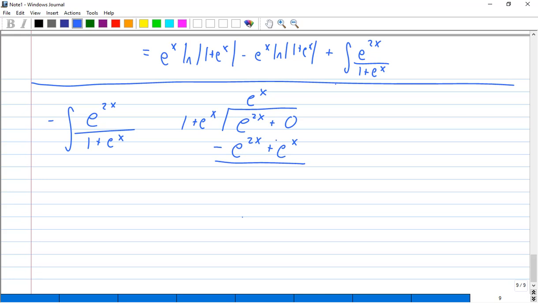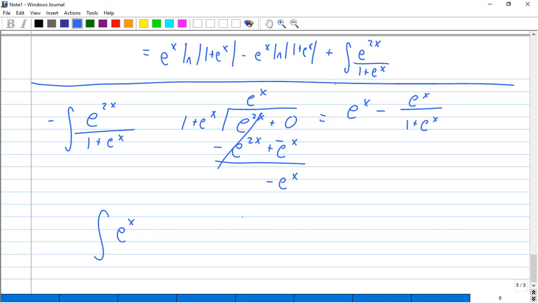Then I subtract both of these. That cancels out, and I have negative e to the x. Oh, wow, this became a lot easier. So this is e to the x minus e to the x over 1 plus e to the x.